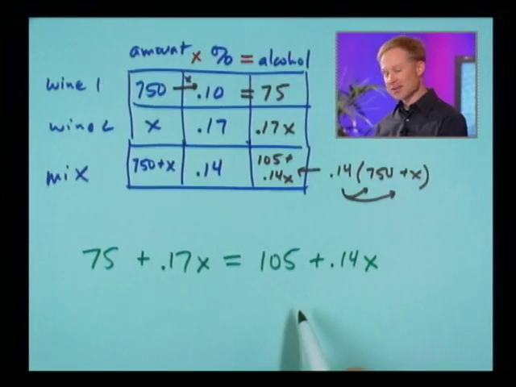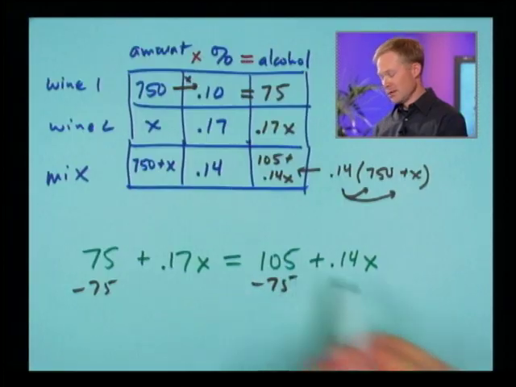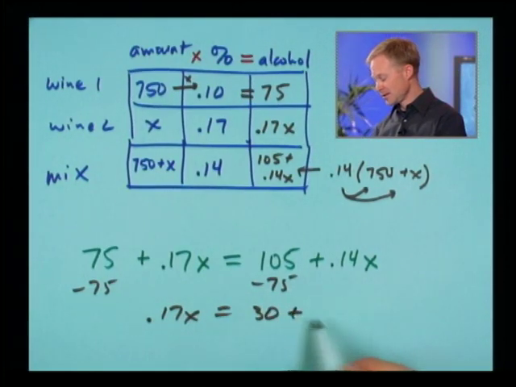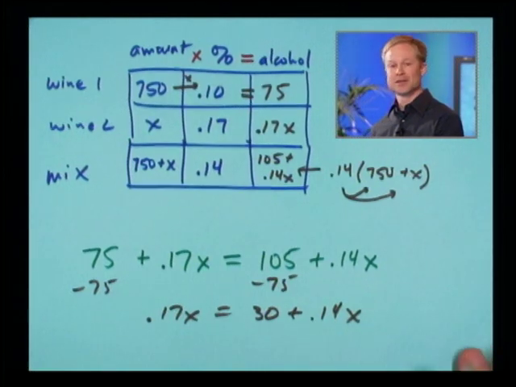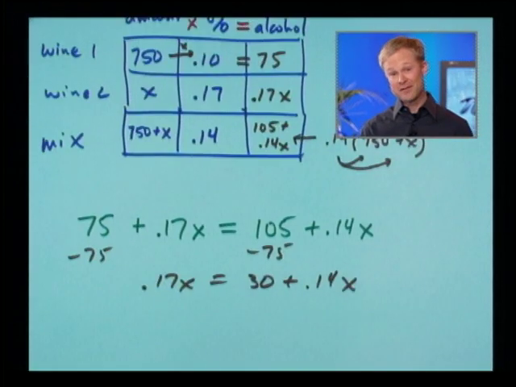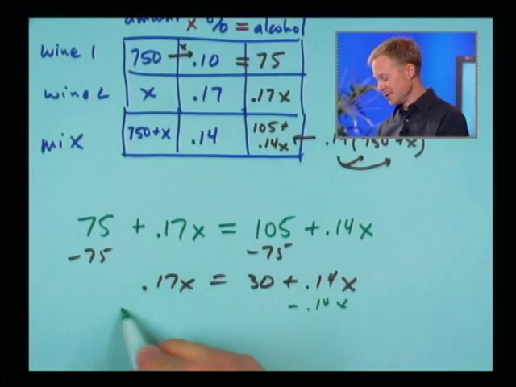Let's get the X stuff on the same side. So how about we ditch the 75? That would make 0.17X equal 30 plus 0.14X. So if you've taken some algebra, remember all these little rules we can do. Let's get the 0.14X off of the right side. So let's subtract it from both sides.